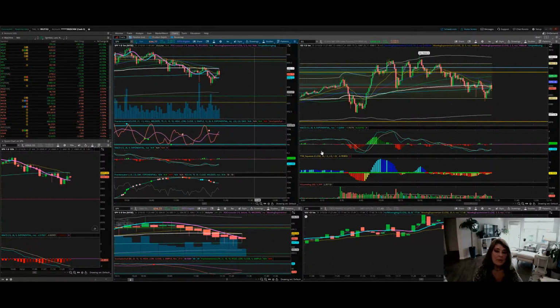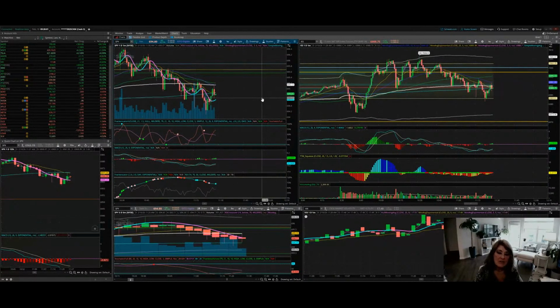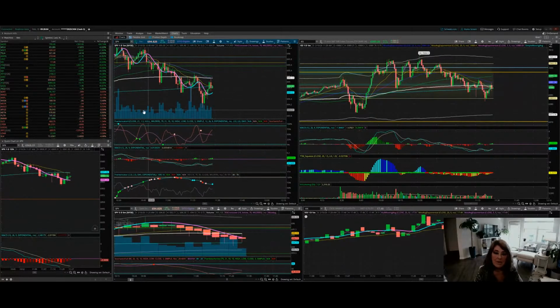So that's why it's called volume weighted average price. So it's not just price, it's also volume. All right, not sure if I trust another leg down here, but I do think we are going negative at some point today. I'm going to watch for a recapture of the VWAP to the upside.